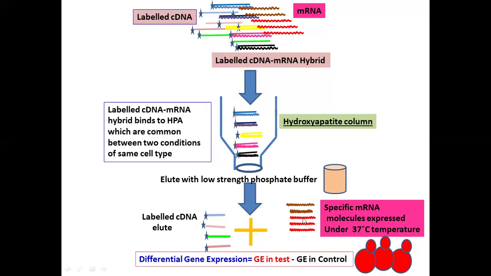Now, these single strand mRNA molecules can be further processed and converted to cDNAs, and you can amplify them and clone them. You will know what those genes are. This is how you can identify stage or treated condition specific gene expression by using subtractive hybridization.